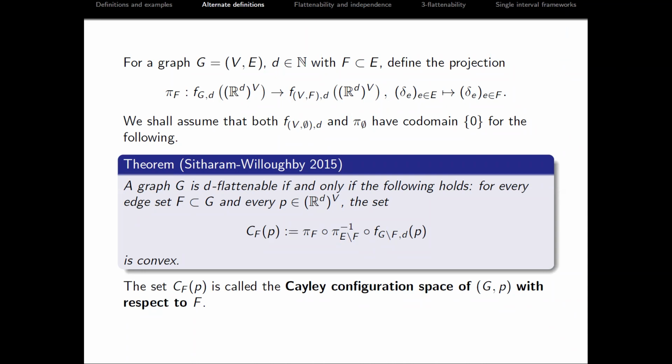Let me ask, can I just try to paraphrase? Yes. So CFP, the image of a realization of G, is going to be obtained as follows.